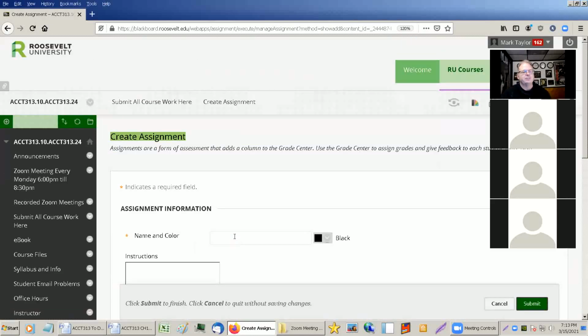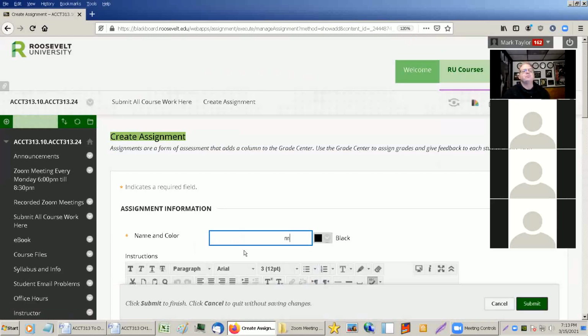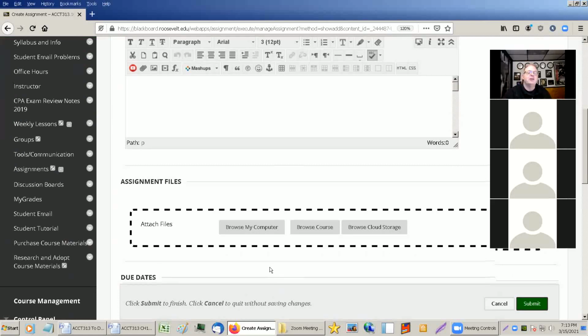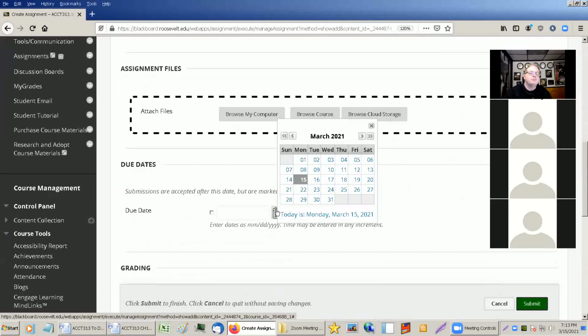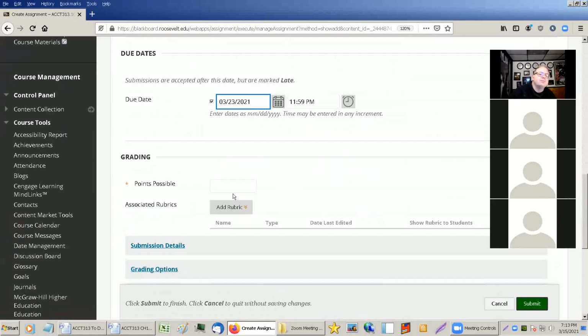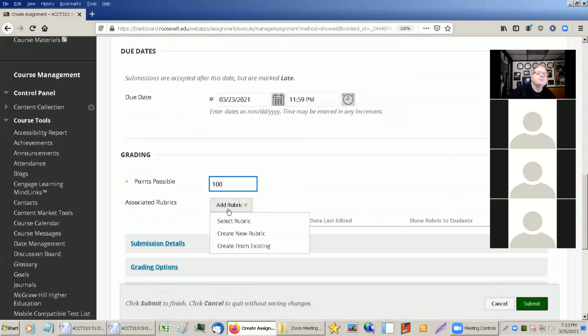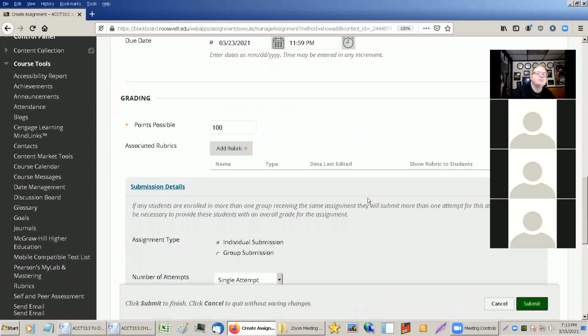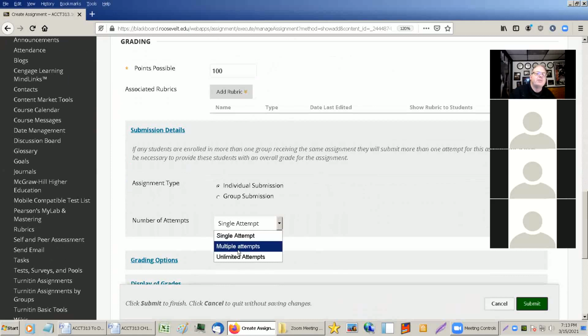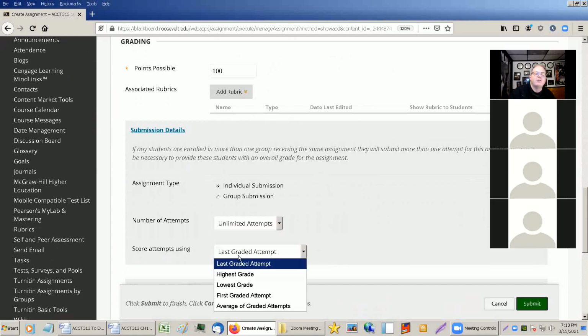Chapter 10 practice exam. You can see how I do this. It's not very exciting. By the way, unlimited attempts, so if you're taking pictures, that's fine. You don't have to redo it.